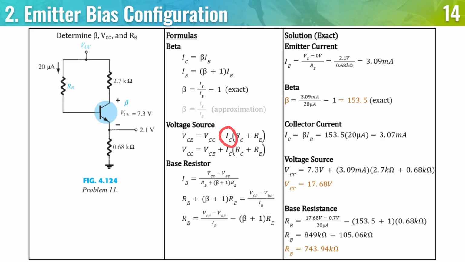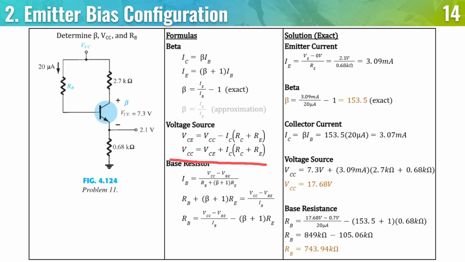So you can just distribute. So ICRC minus IERE is just going to be the same as this term. Since we're solving for VCC, just move all of this to the other side. So VCE plus the voltage drops is equal to VCC.